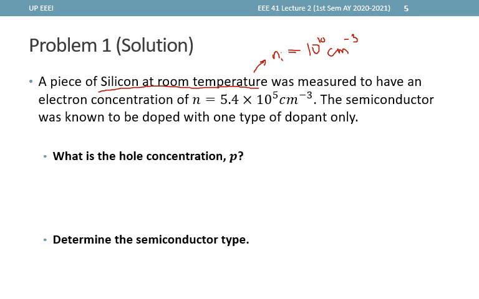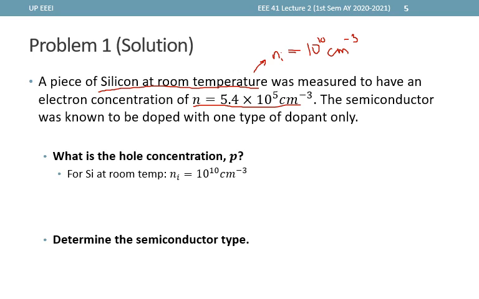And we are also given this n right here. Assuming that the material is in thermal equilibrium, since none is mentioned, we can assume that the material is in thermal equilibrium.